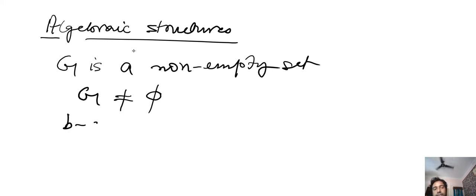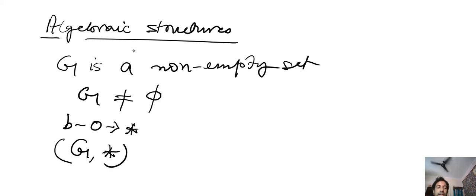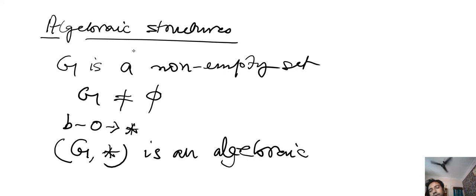And there is a binary operation star, then G and star taken together is an algebraic structure.